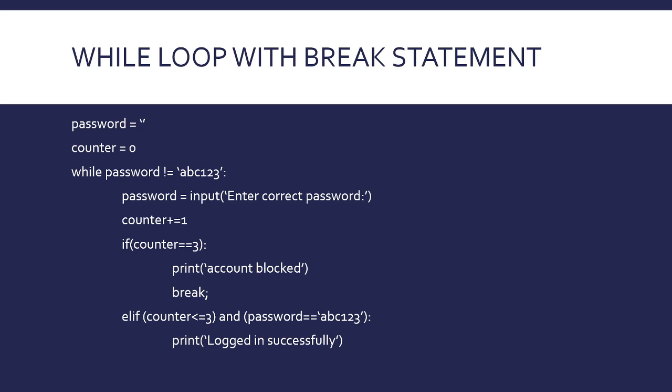If the password is not ABC123, the counter will increase by 1. Previously the counter was 0. After the user enters the first input, the counter will be equal to 1, and the counter will keep on increasing. So if the counter is equal to 3 and the user is again typing the wrong password, then we will print that the account is blocked and we will execute the break statement, which will exit out of the while loop.